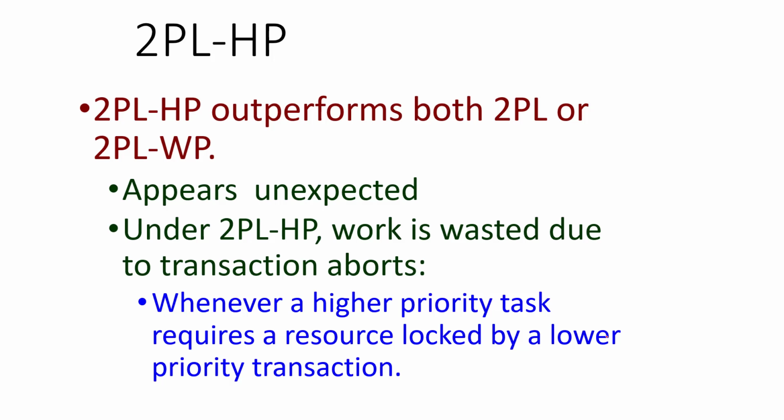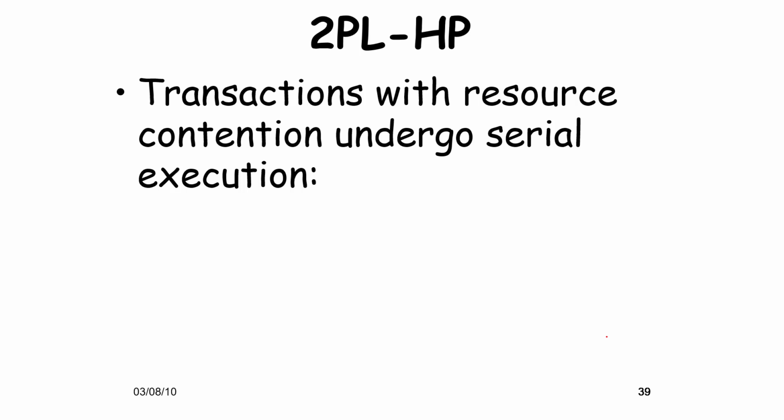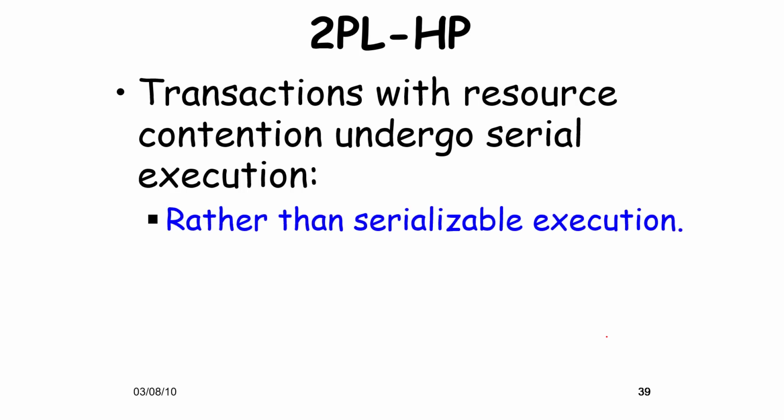And of course, this does happen whenever a high priority task requires a resource locked by a lower priority transaction. But it was found to be a better idea to allow a high priority task to execute immediately, kind of similar to a preemptive CPU schedule, even if we have to pay the price of losing work which a low priority task had done.